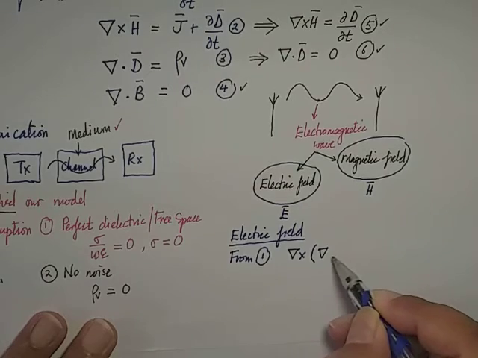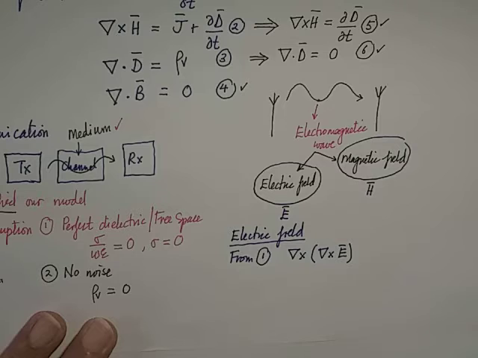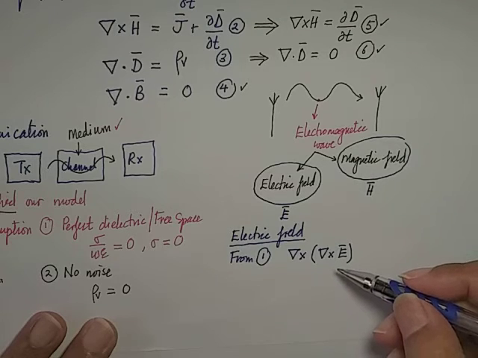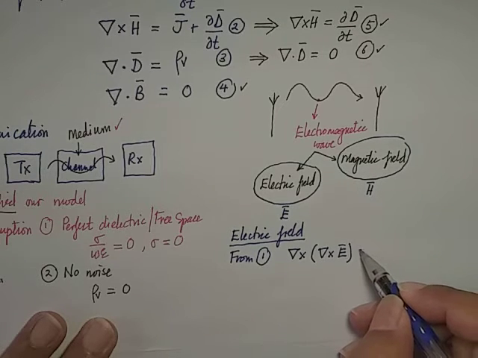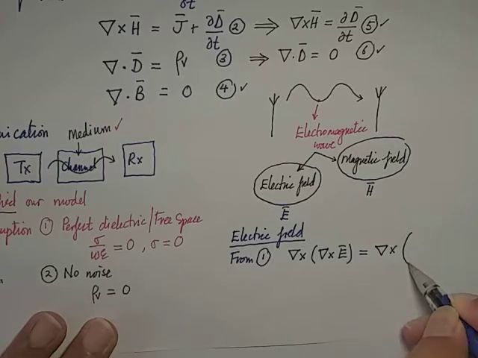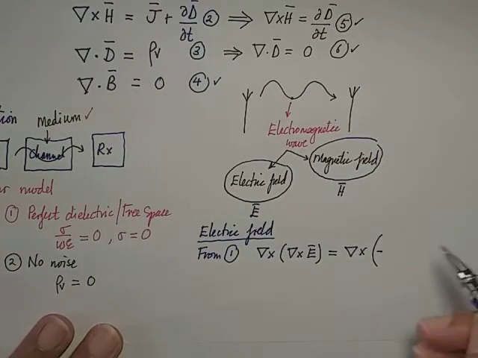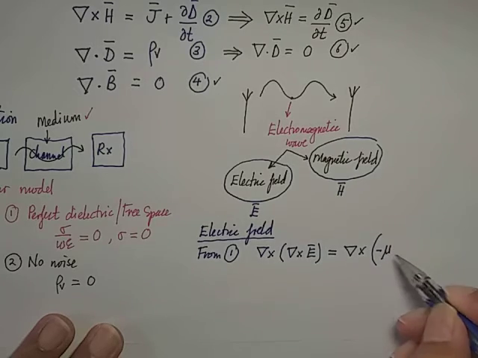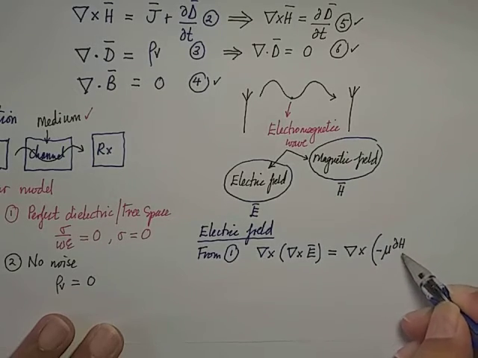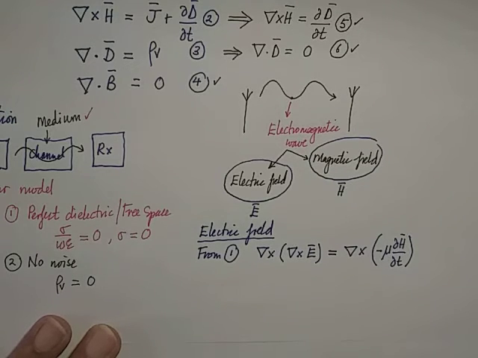Curl of E. If I curl the left hand side of Maxwell equation number 1, I must also do the same thing to the right hand side. Curl. So minus, what medium are we having here? Dielectric. So mu dH over dt. Okay, that should be what we're going to do.